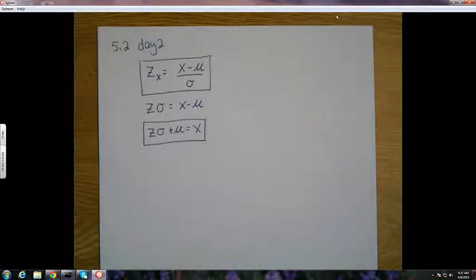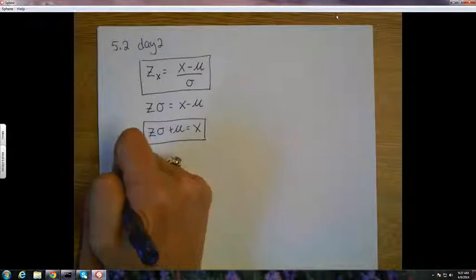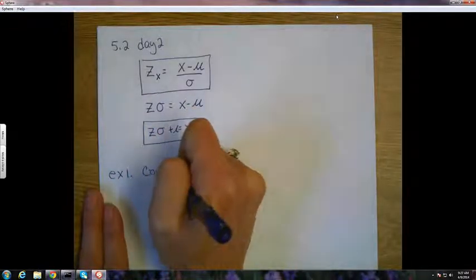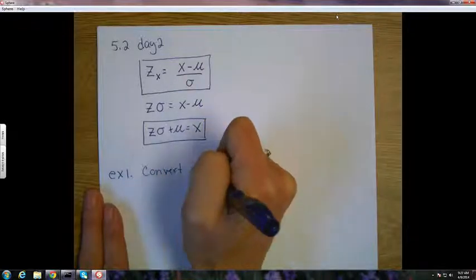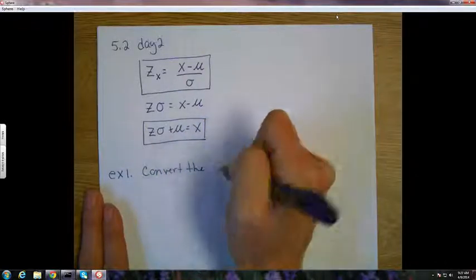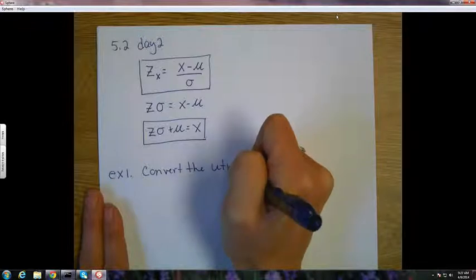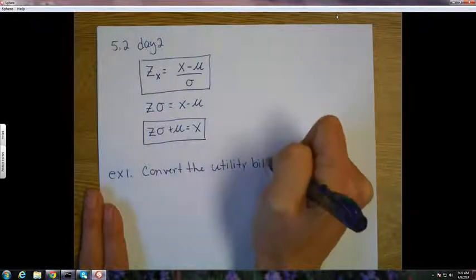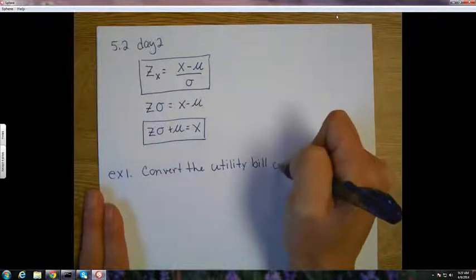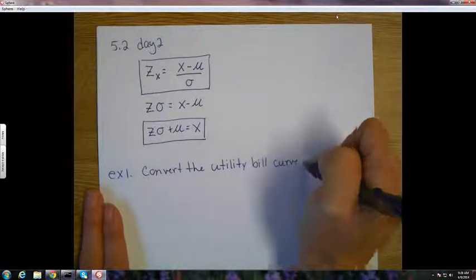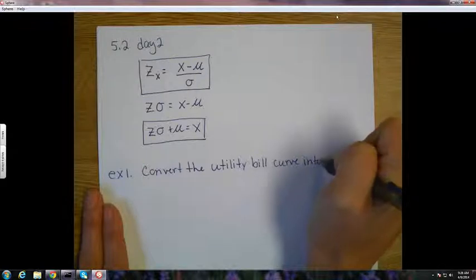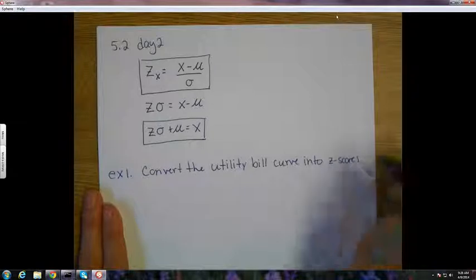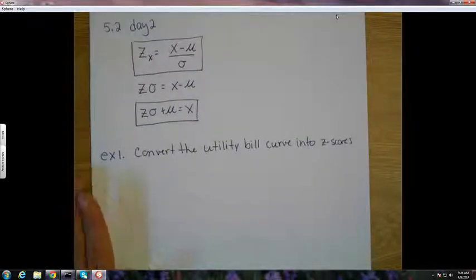Okay, I want to go back to that. Let's see, I'm going to go through an example here. Convert the utility bill graph, and our utility bill was the example we had.